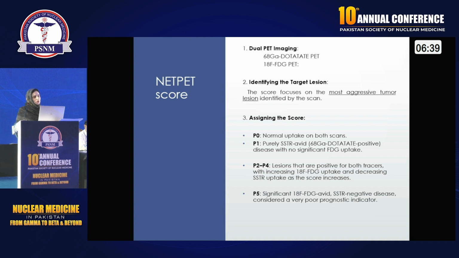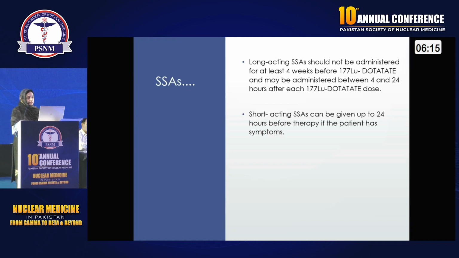Then, when we are deciding treatment, it's clear-cut when there's nicely avid DOTATATE-positive disease, and we can confidently treat them. But when there's a bit of FDG uptake as well as DOTATATE uptake, that requires a more clinical discussion in the MDT to decide.